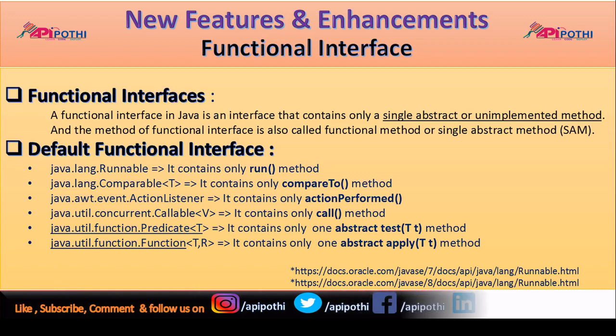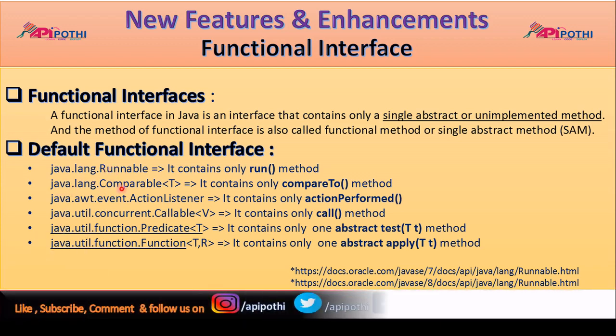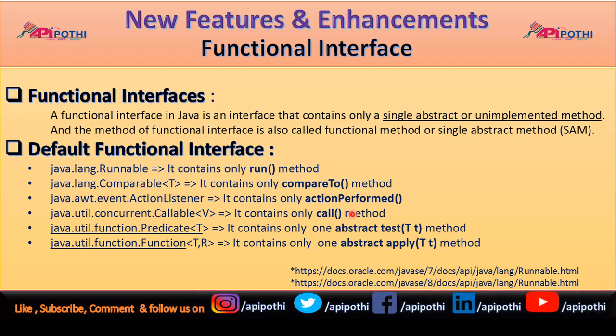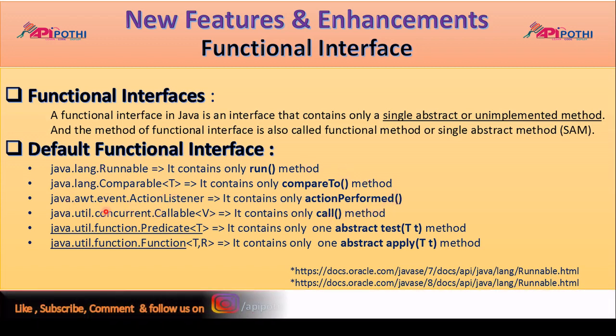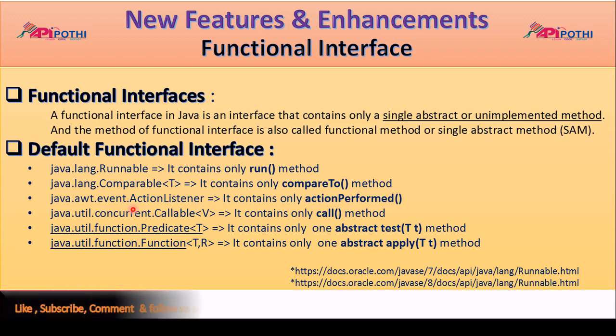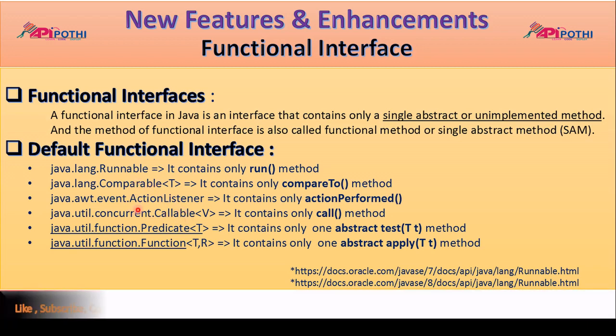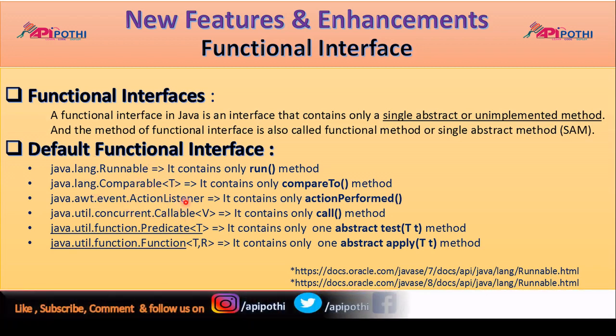Basically, if you see these four interfaces, like Runnable, Comparable, ActionListener or Callable, these are all interfaces which were there before Java 8 itself. But when this concept called functional interface came, Runnable, Comparable, ActionListener and Callable are also called functional interfaces.